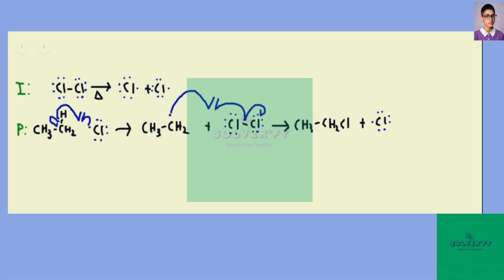That's our common propagation step, which is common to both X and Y. However, here is where they diverge a little bit. If we draw the formation of Y first, Y is going to look like this.